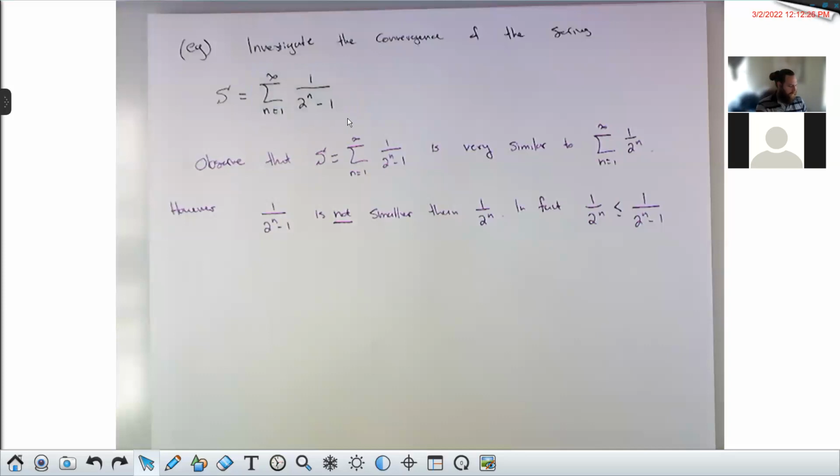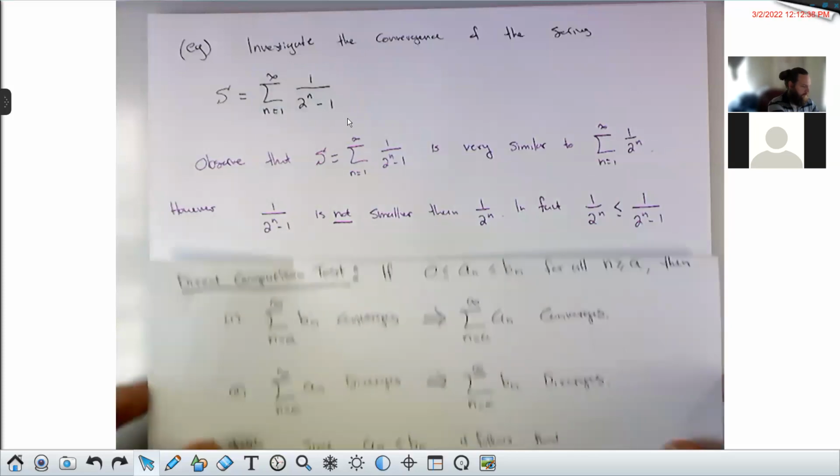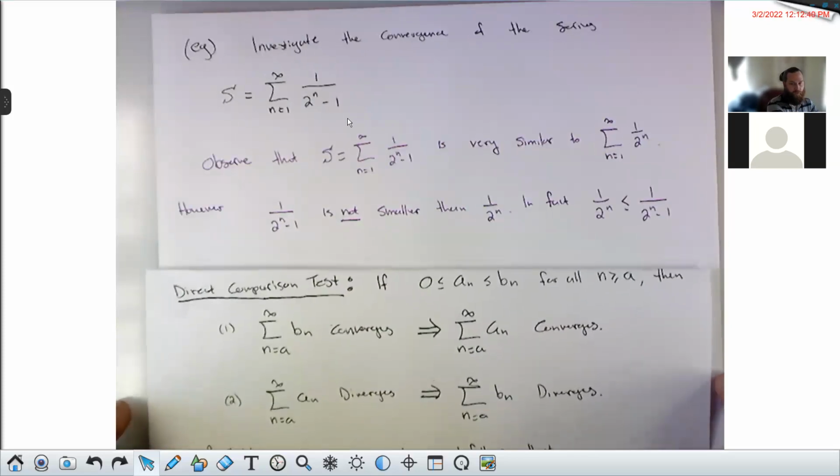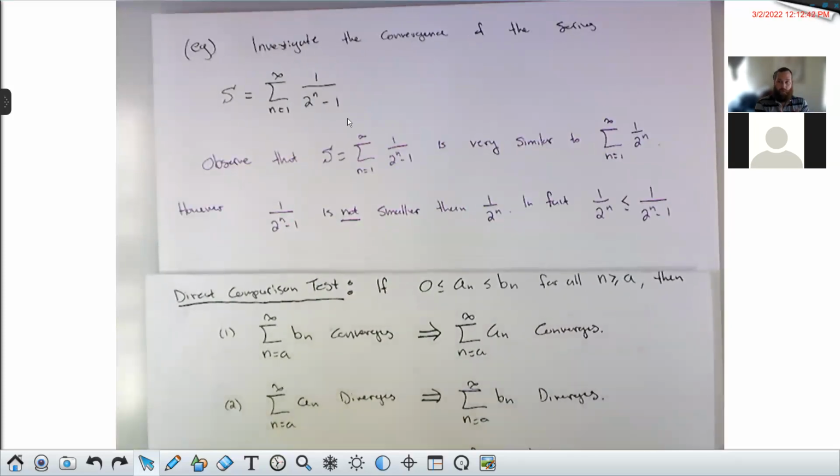And if you look back at what the direct comparison test says: if your terms are smaller than the terms of a convergent series, then your series converges. And if your terms are larger than the terms of a divergent series, then your series diverges.